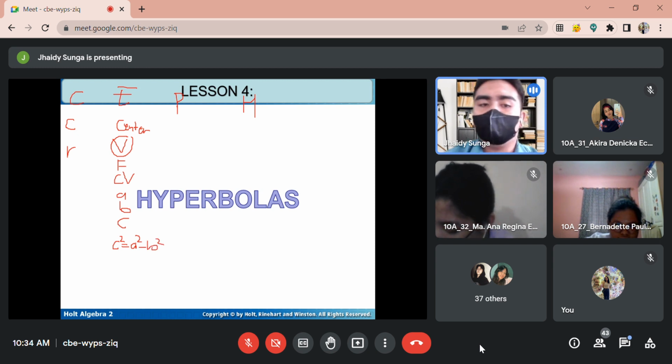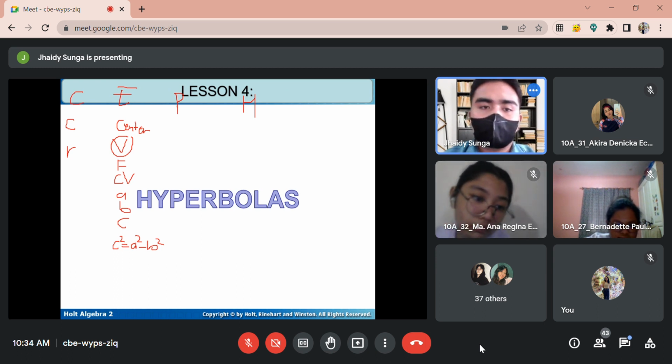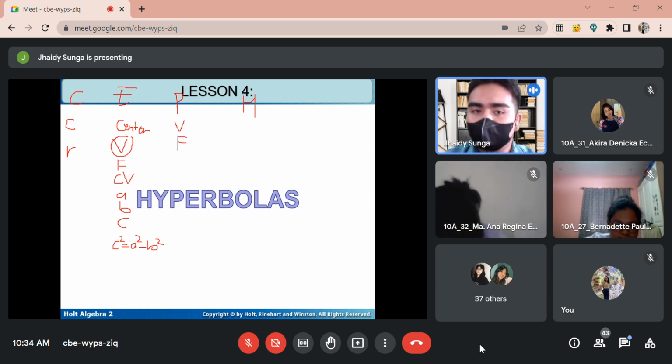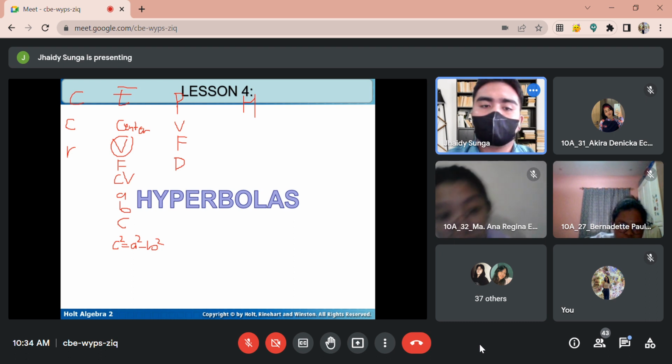So in parabola, the only thing that you need is the vertex. Vertex, not vertices. Vertex, focus. Focus, not foci, because we only have a reference point, only one. And the directrix, and the latus rectum. This is LR, latus rectum.